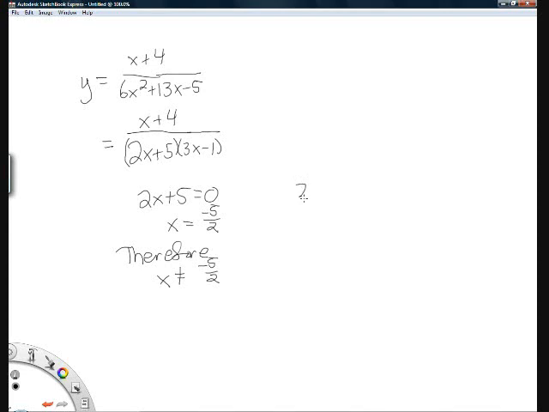Same thing with 3x minus 1. Set that equals 0. Solve. Same thing. Therefore, x cannot be 1/3.